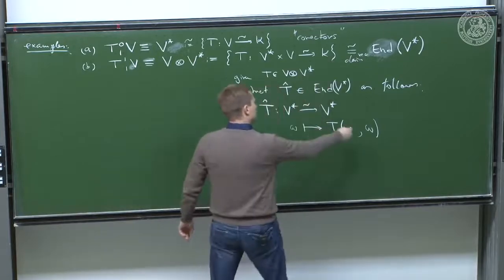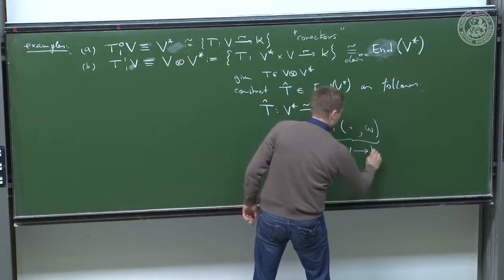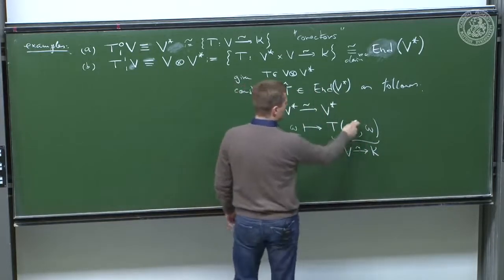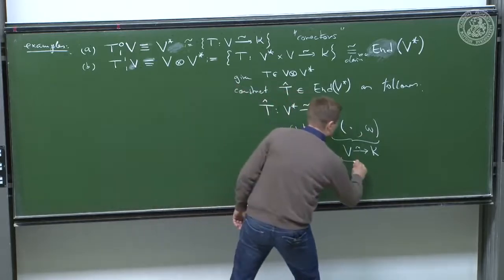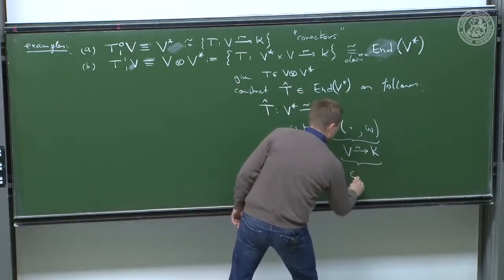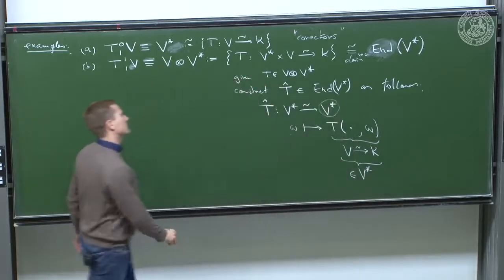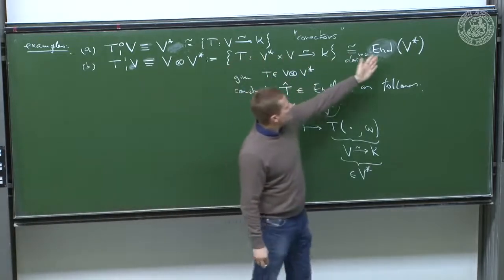But an object into which you plug in a vector and you get a number, that's a map from V to K. Because it's linear, obviously, because if you have a sum here or you scale it, it's linear, such a linear map is of course the same as this whole thing being an element of V star. Oh, very good. That is what we wanted. We wanted an element of V star. So from a T, we construct a T hat.